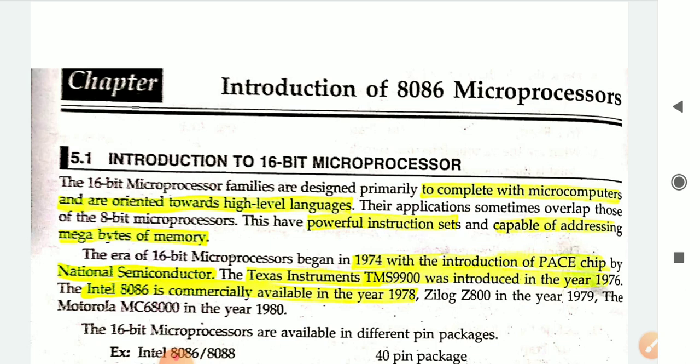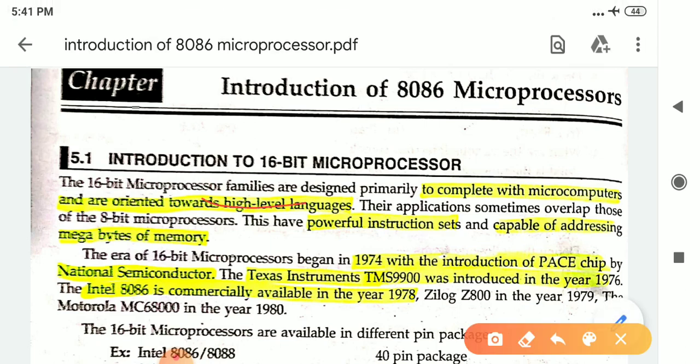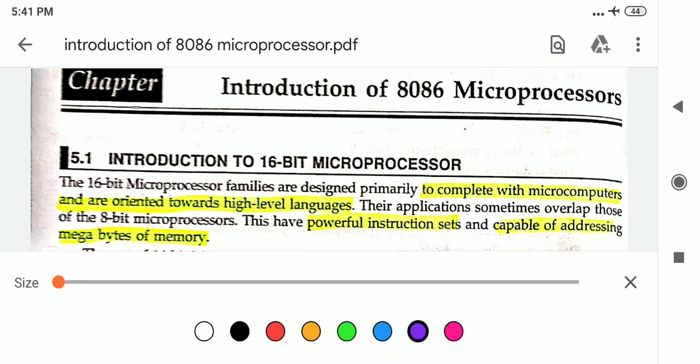So friends, let's start. The 16-bit microprocessor families are designed primarily to compete with microcomputers and are oriented towards high level language, the HLL.